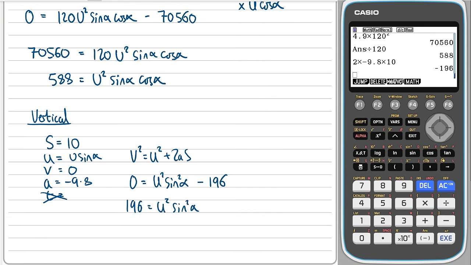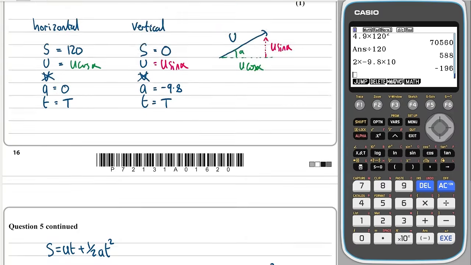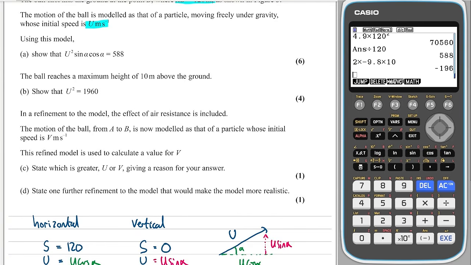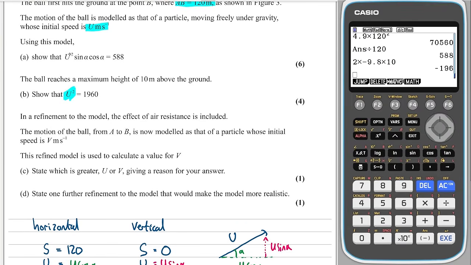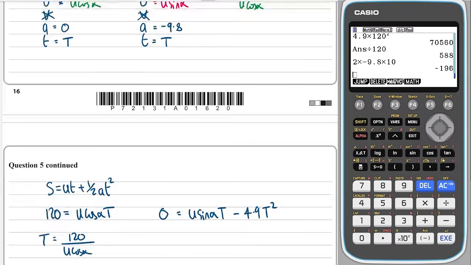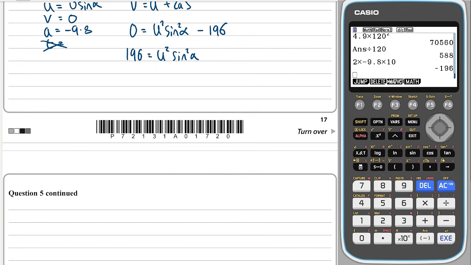Now this isn't quite what we need. In fact, what we have is we need to find u squared on its own. So I need to get rid of that sine alpha. I've also noticed that I've got another expression which involves u squared. So I'm going to use both of these two in order to find the expression which I've been asked to find.